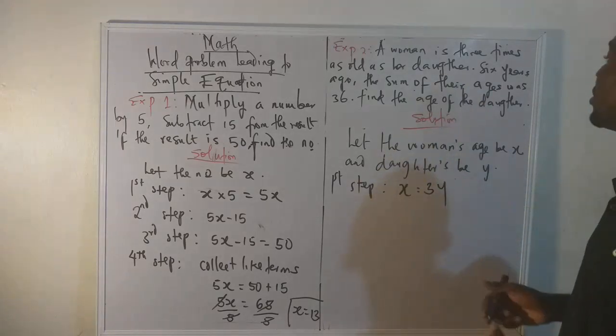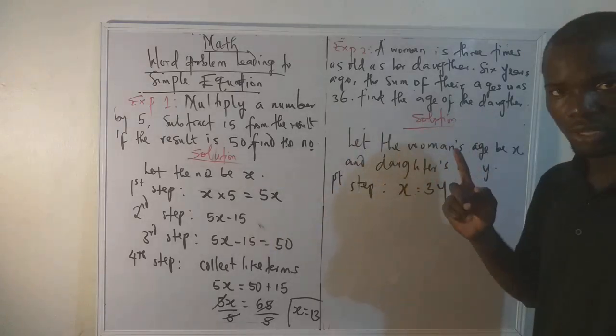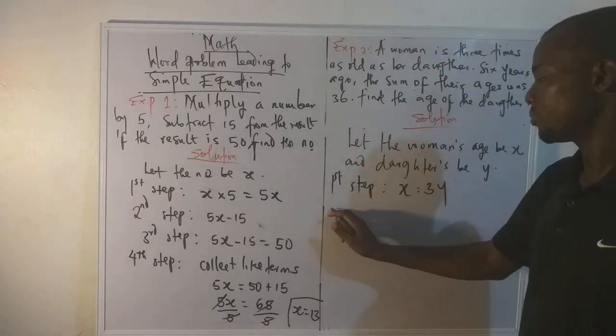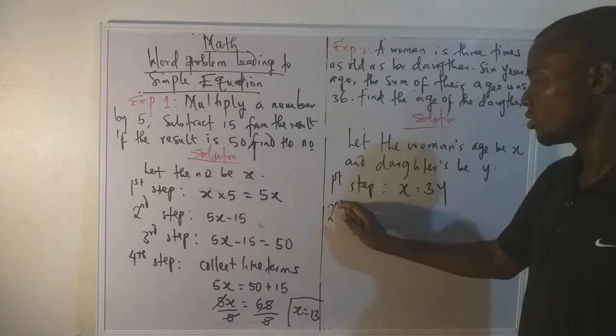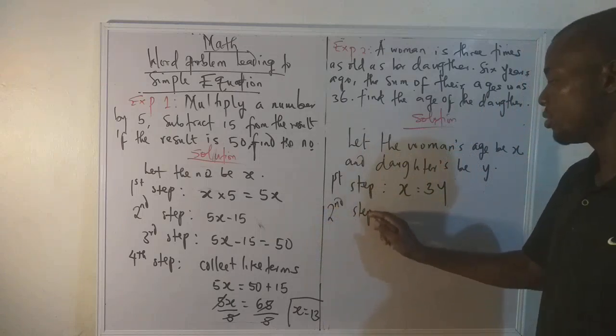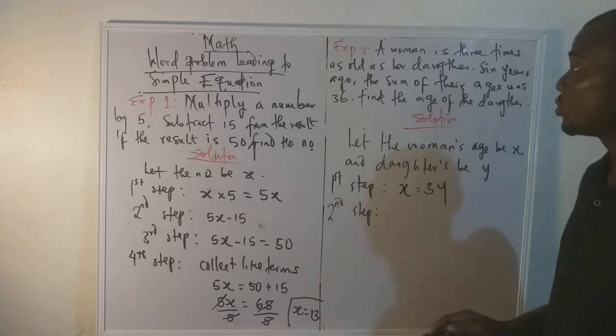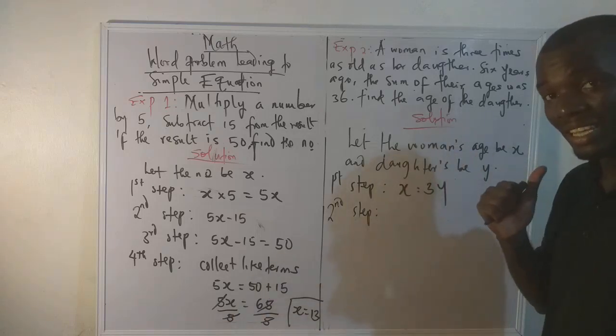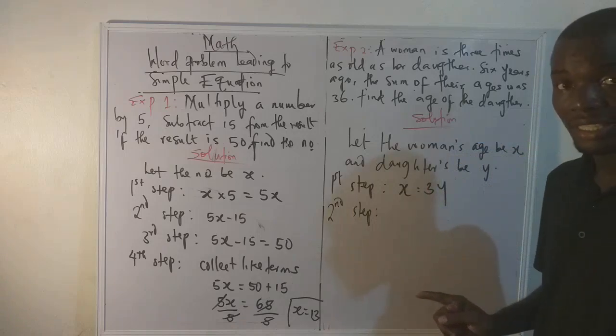Now that we've interpreted the first statement, the second statement says 6 years ago. Second step, 6 years ago implies you take away 6 from each of their age. Are you getting it?